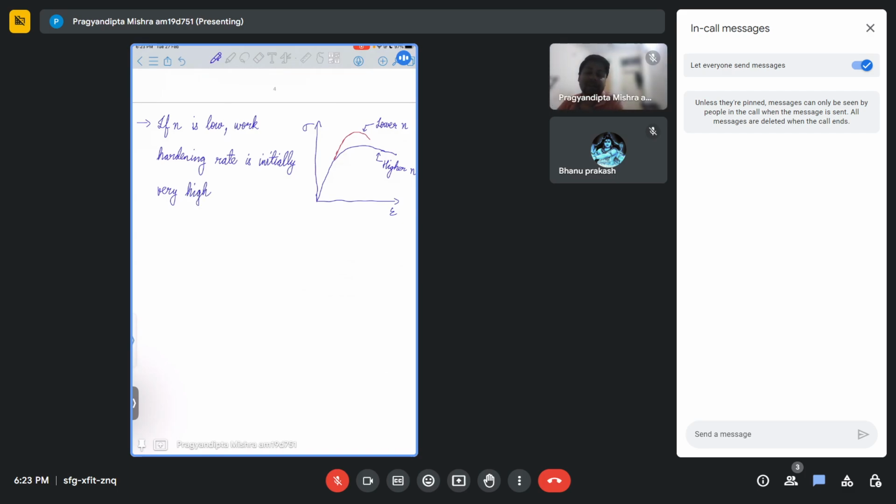But the rate decreases rapidly with strain.